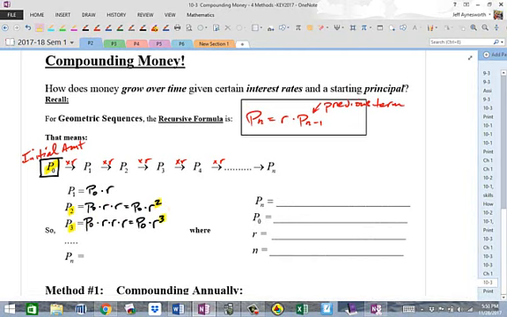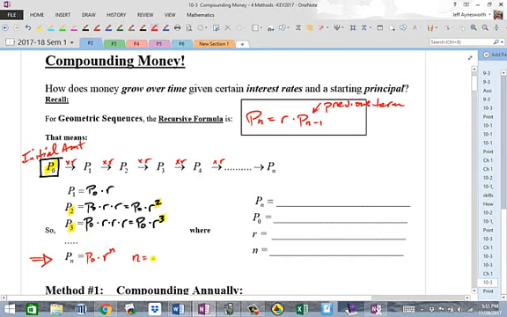Because of that, we have the exponential growth model: p sub n is always equal to p sub 0 times r to the nth power, where n equals the number of transitions, or time periods that go on. That time period varies depending on the growth model.